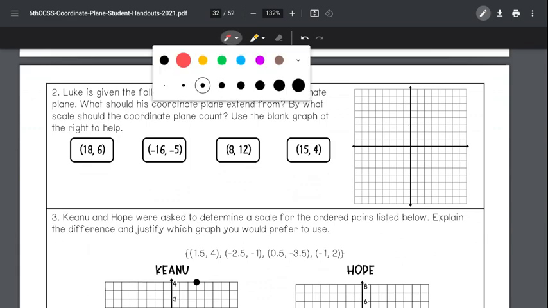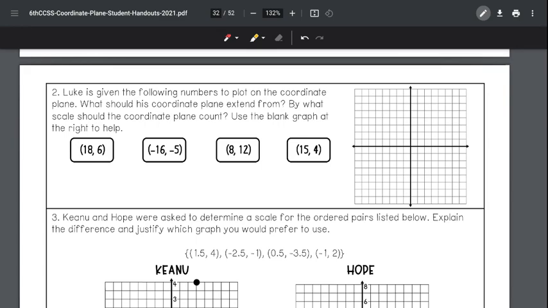Okay, well, let's look at these 4 points. 18, 6. -16, -5. 8, 12, and 15, 4. I'm looking at these big numbers, like 18, -16, 15. Like, our graph isn't that big if we only count by ones.